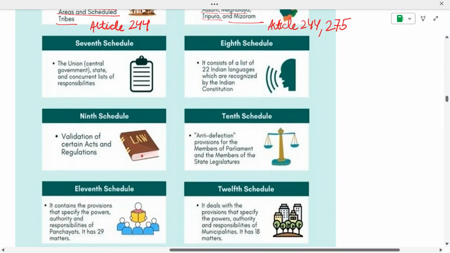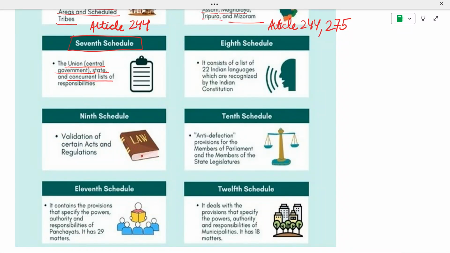Now coming on to the seventh schedule. The seventh schedule includes the provisions related to the division of powers between the union and states in the form of 3 lists. That is the union list for the central government, the state list for the state government, and the concurrent list for both union and state.